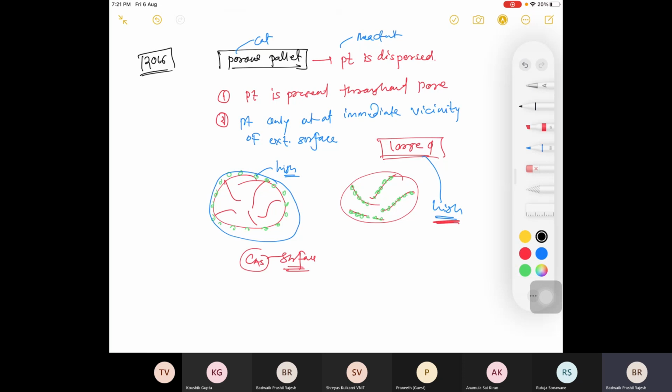Suppose I say scenario 1, that is platinum is present throughout the pore, then there will be a decrease in concentration for large phi. So in order to have high rate, you need to go for scenario 2, that is option number 2.